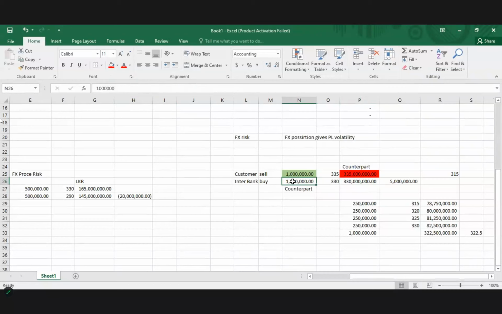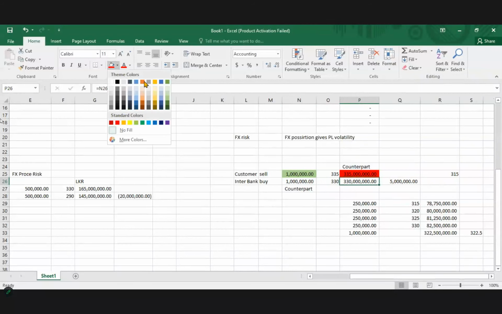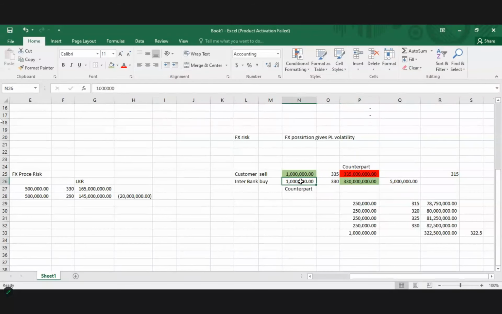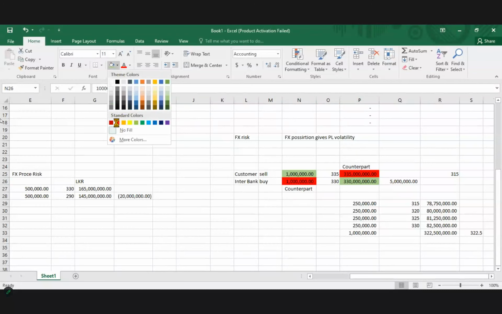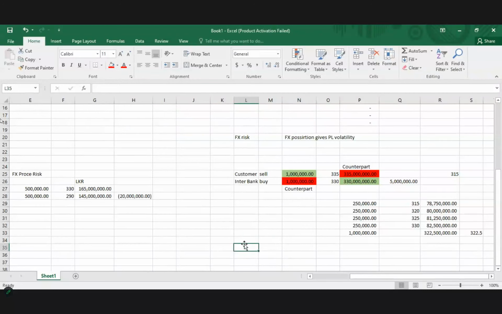But this is an interbank transaction. I send my rupees to the counterpart, and the counterpart doesn't send me the dollars. Then what happens? I'll be short, right?